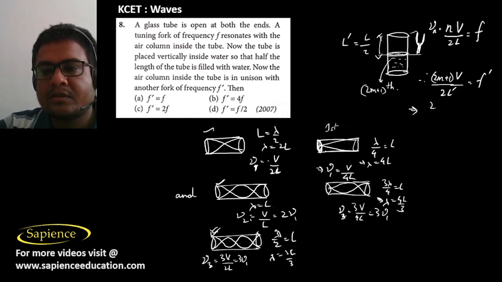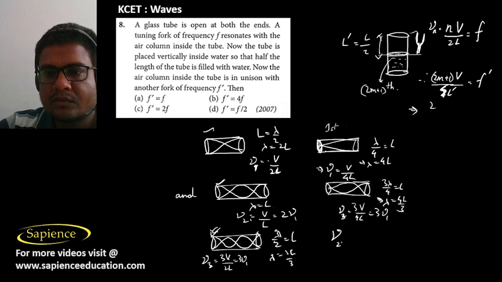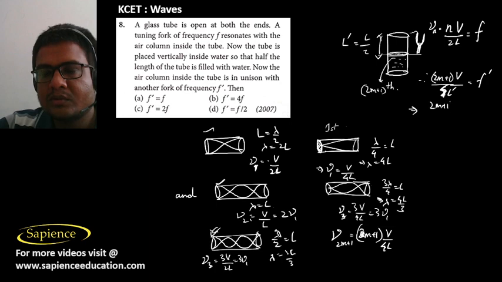So this will be 4L dash. It means the 2m plus 1th harmonic nu is equal to 2m plus 1 into v by 4L dash. Since L dash is L by 2, I can say 2m plus 1 into v by 2L is equal to f dash.